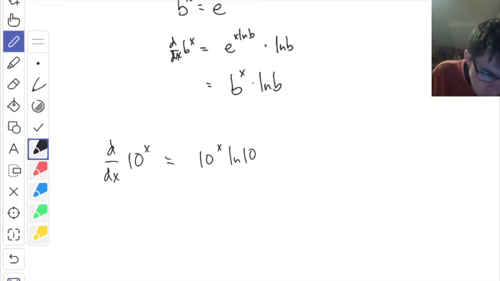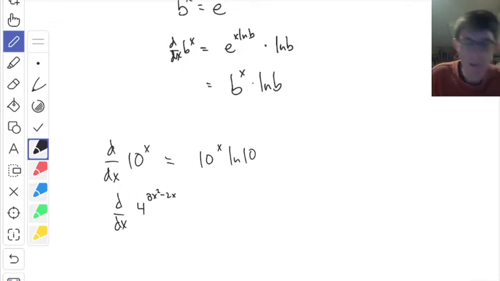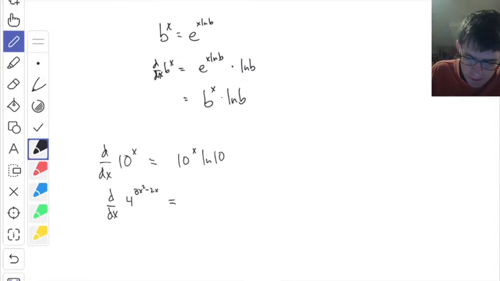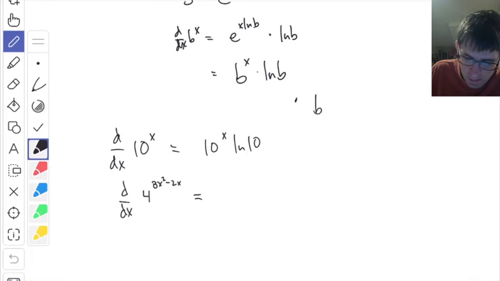More interesting examples would be when it's not just x up top. So how about 4 to the power 3x squared minus 2x? We're going to have to use the chain rule here. So we're going to use the formula in the box. Derivative of b to the x is b to the x ln b.